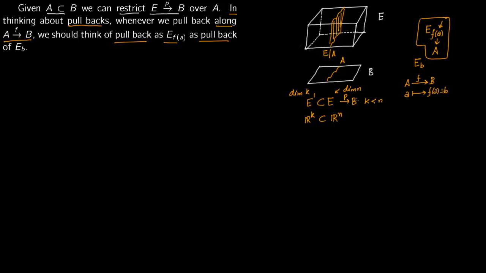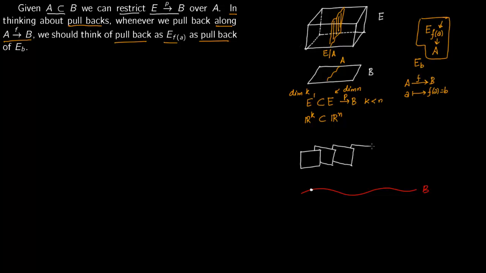So let us draw this. Say you have this base space B, and then on B you have a vector bundle, say E. Attached to this point you have this bundle, and then for every point you have these, say, two-dimensional bundles.